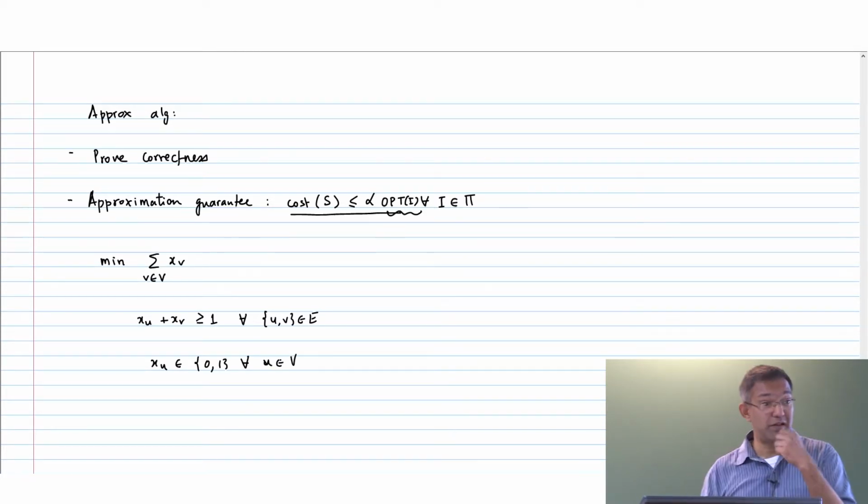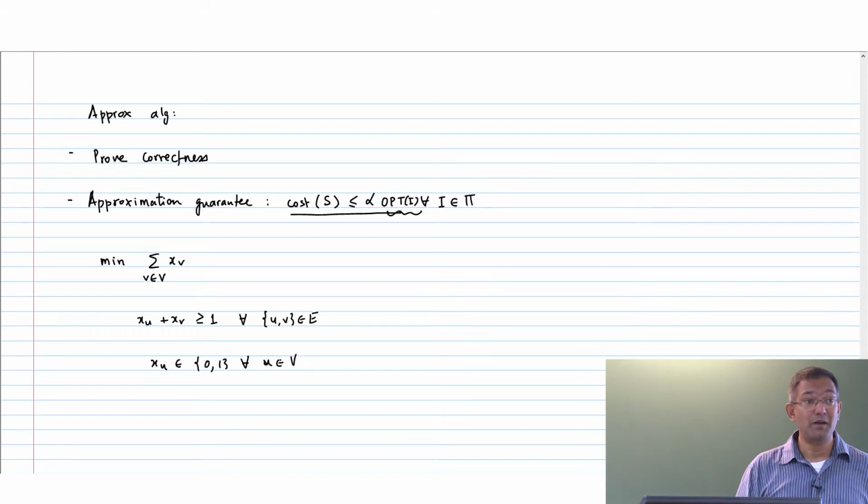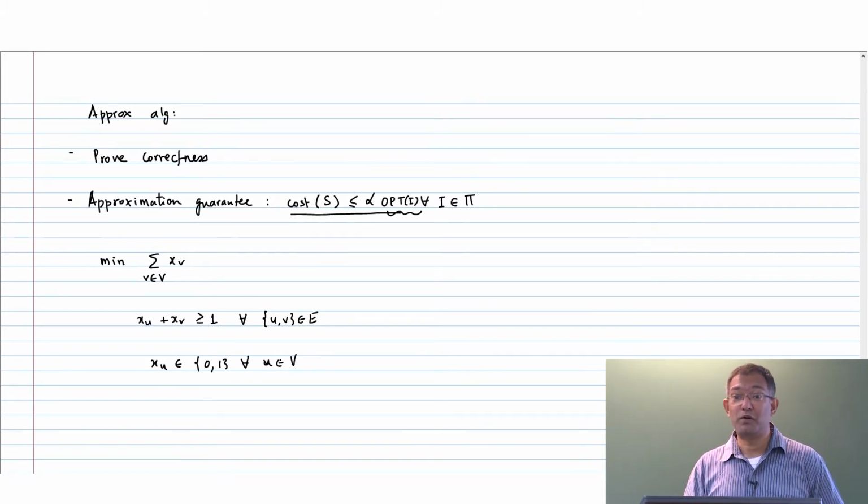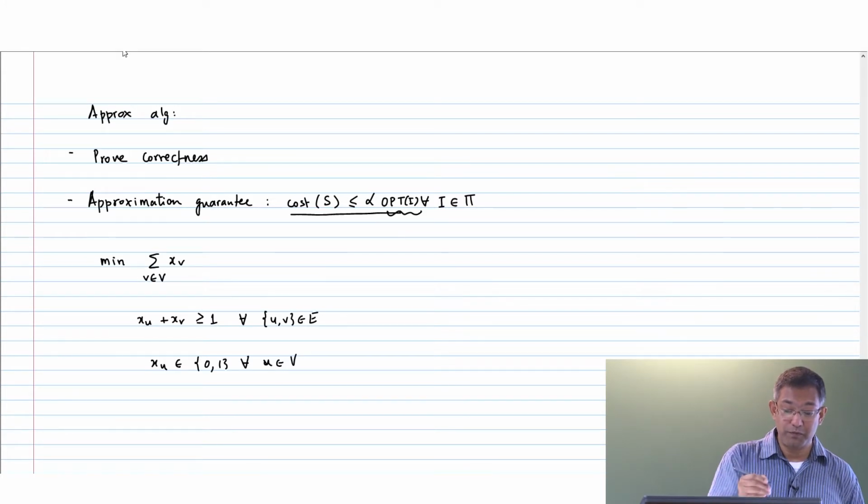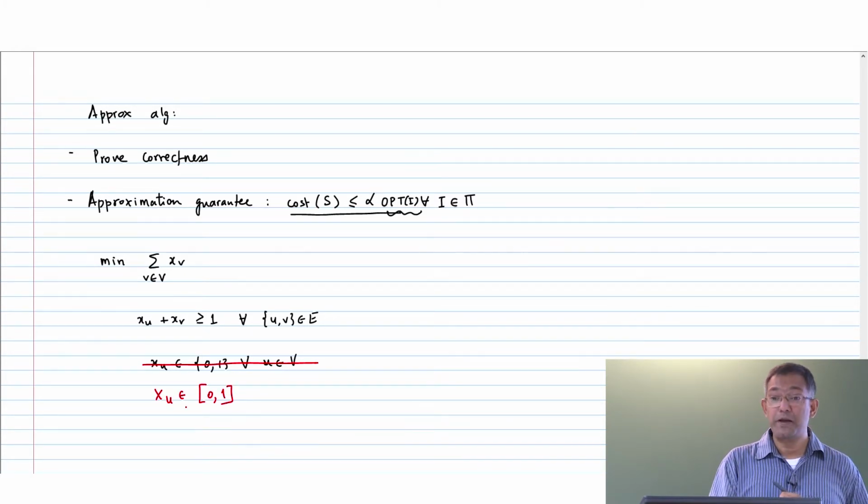So, this is our integer linear program, which is NP hard, but we know that linear programs can be solved in polynomial time. I want to use the machinery of linear programs to solve this problem. So, what we will do is bravely drop this constraint and just write x sub u should be in the interval 0 to 1.